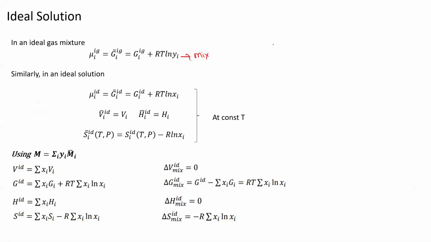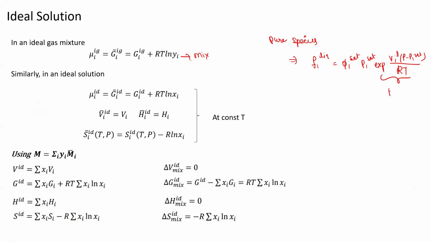But when we were talking about just a pure species, we were saying this, right? The fugacity of the liquid f_i equals phi_i^sat times P_i^sat times the exponential of V_i^L (P minus P_i^sat) over RT.